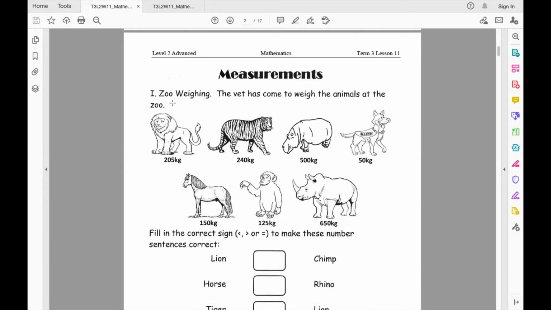So the first exercise is asking about the zoo weighing. The vet has come to weigh the animals at the zoo.